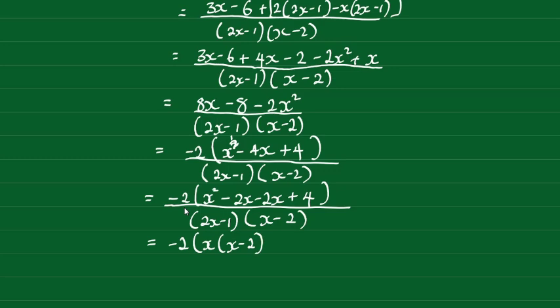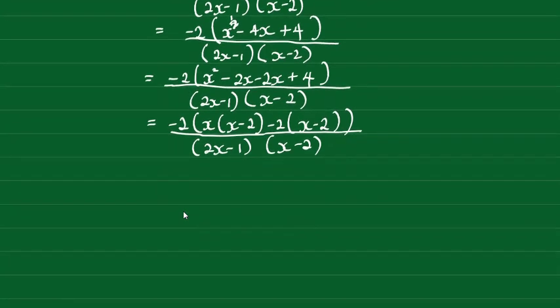And we factor out -2 from minus 2x plus 4, and we're left with -2(x minus 2). All these divided by (2x minus 1)(x minus 2).